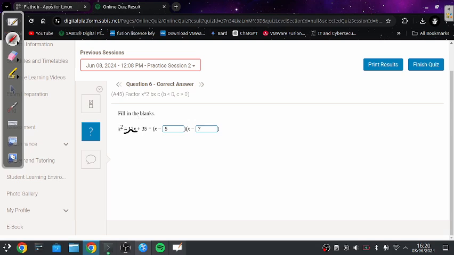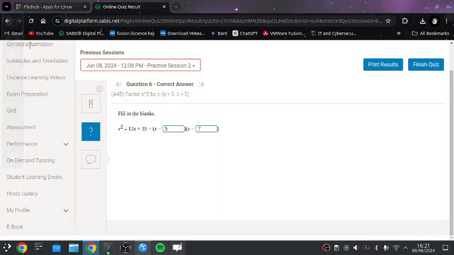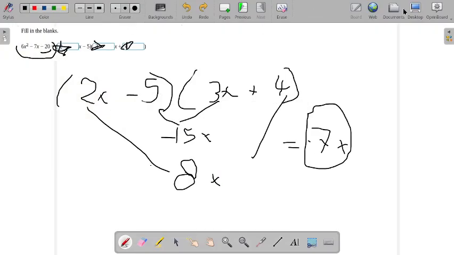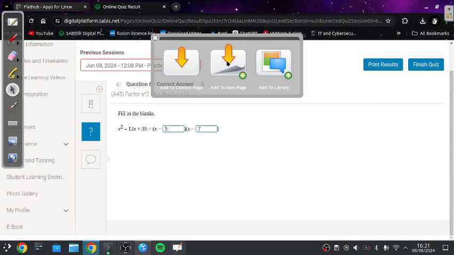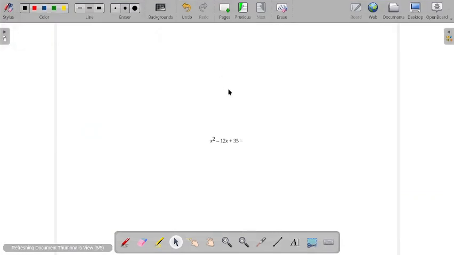Because this is a sum, it's negative. But the third term is positive, so it's two negative numbers, obviously. So without knowing what this is, let me just, this is not what I wanted to do. Let me just take this answer, add to new page.